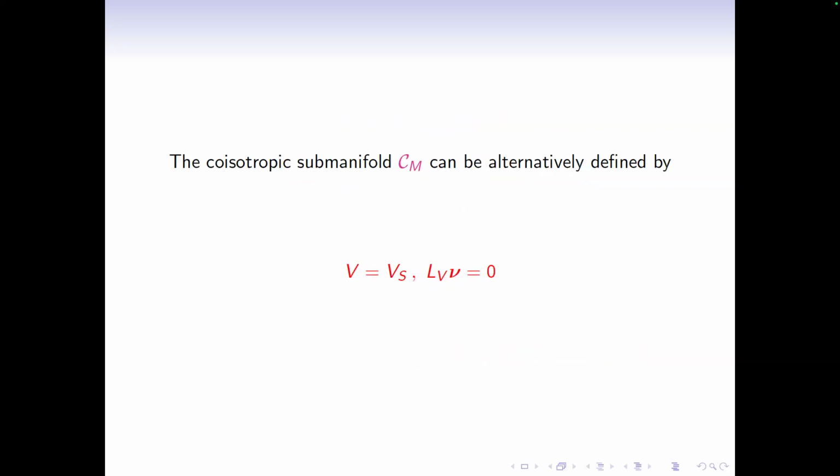And the claim is that this point belongs to this coisotropic subvariety, mu equals 0, is equivalent to the condition that v is equal to Vs. So these two vector fields, which are defined by completely different formulas, nevertheless agree. And the Lie derivative of v with respect to v of nu is equal to 0.